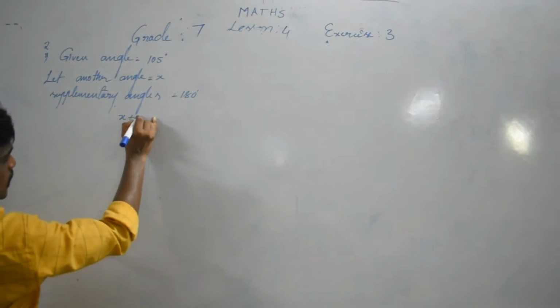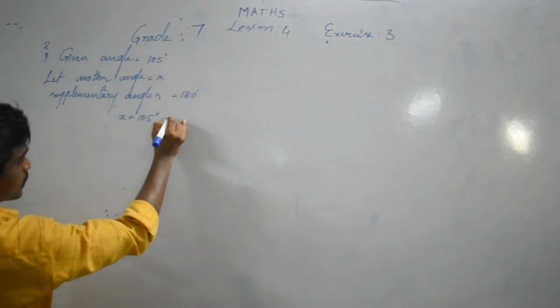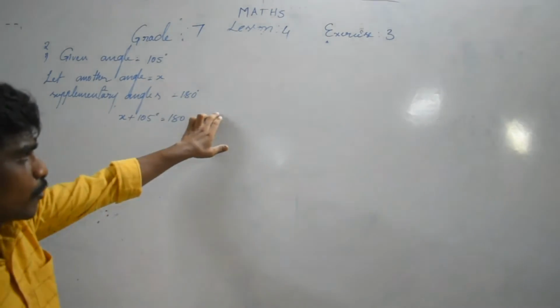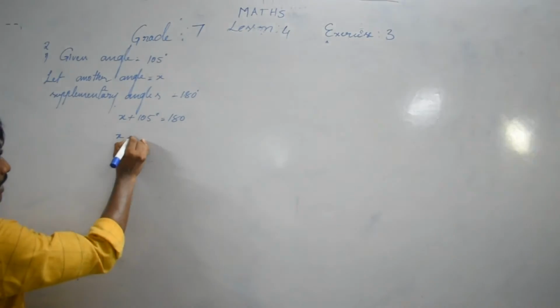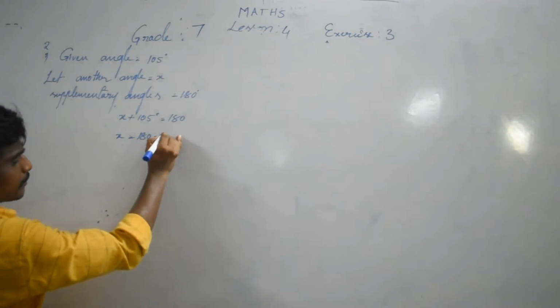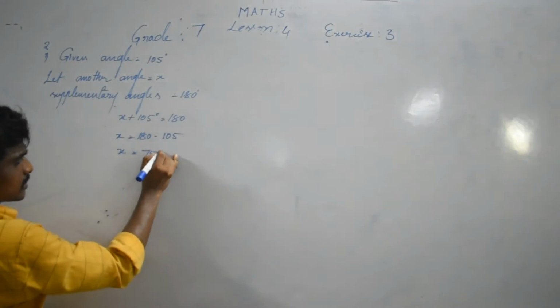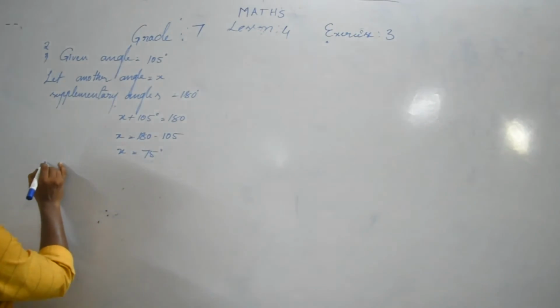So x plus 105 is equal to 180. So 105 moving to RHS, x equals 180 minus 105, x equals 75 degrees.